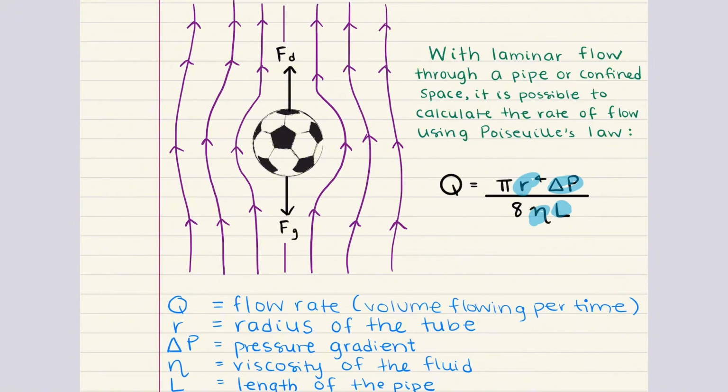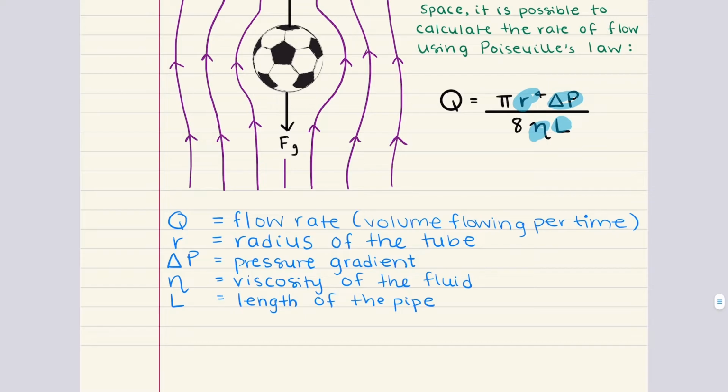Now, Poiseuille's law gives us a precise way to calculate the flow rate of a viscous fluid through a cylindrical pipe. The law states that the flow rate is directly proportional to the fourth power of the radius of the pipe. This means that even a small increase in the radius results in a significant increase in the flow rate.